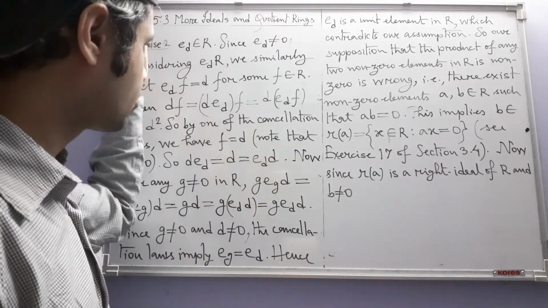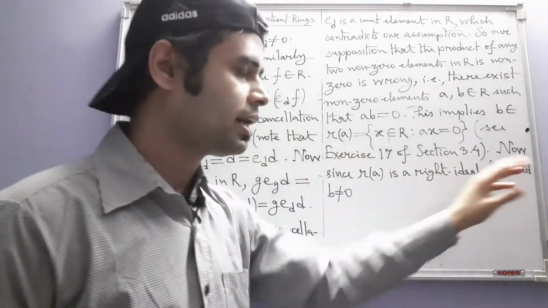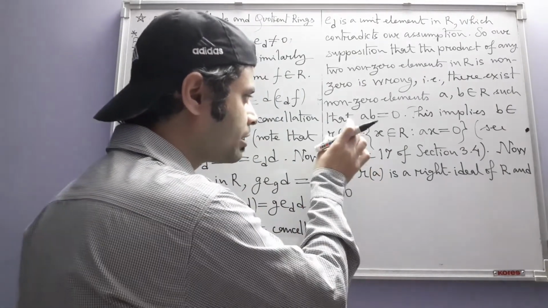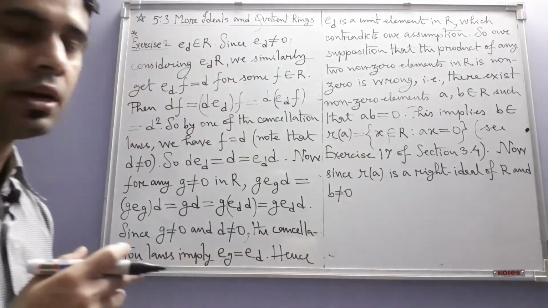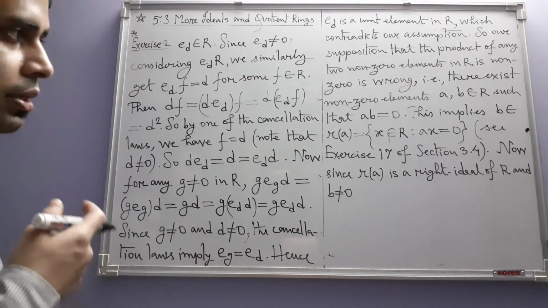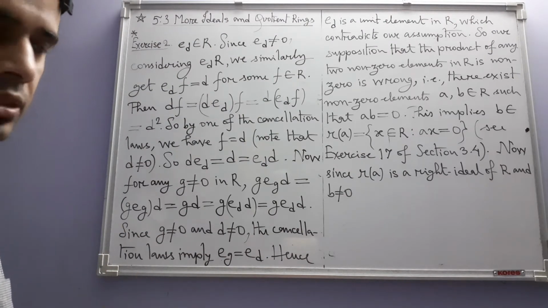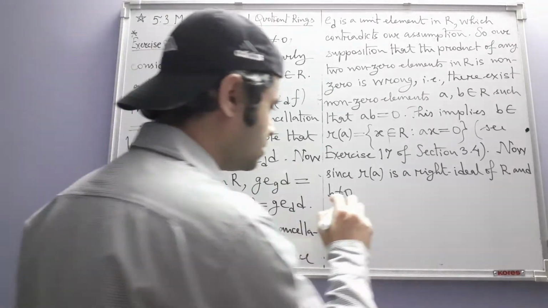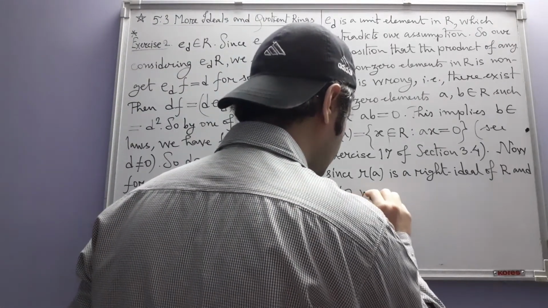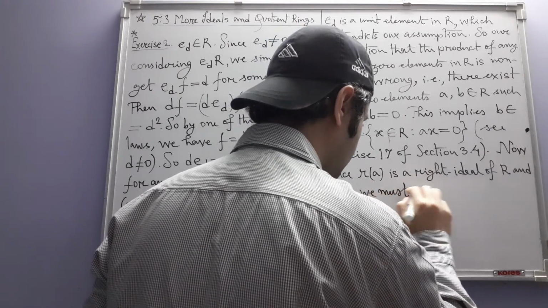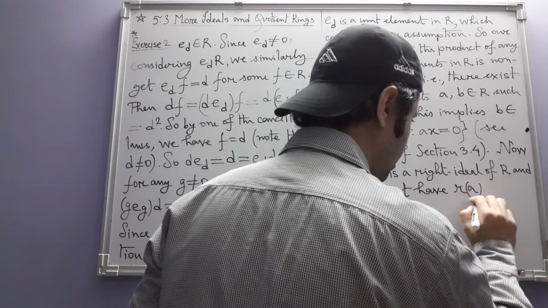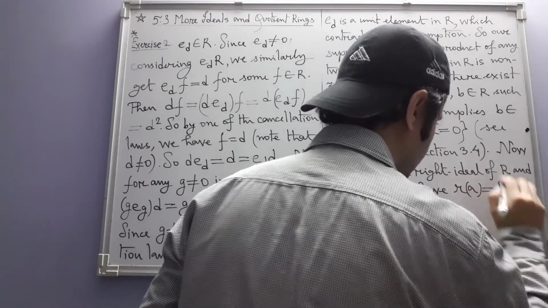Keep in mind that the condition that our ring has only two right ideals is still there. Okay, so this particular right ideal is either the zero ideal or it is the whole ring, but it cannot be the zero ideal since it contains the non-zero element B. This we have, or we must have, Ra is equal to R.